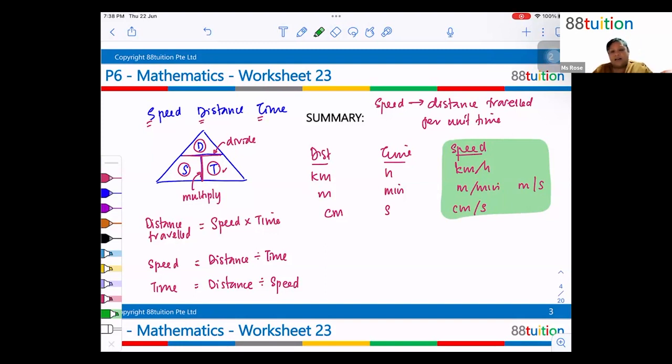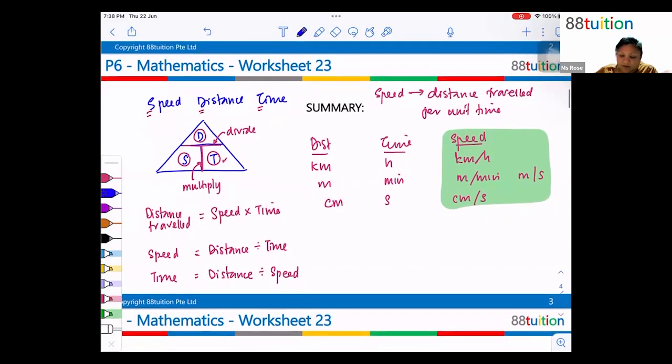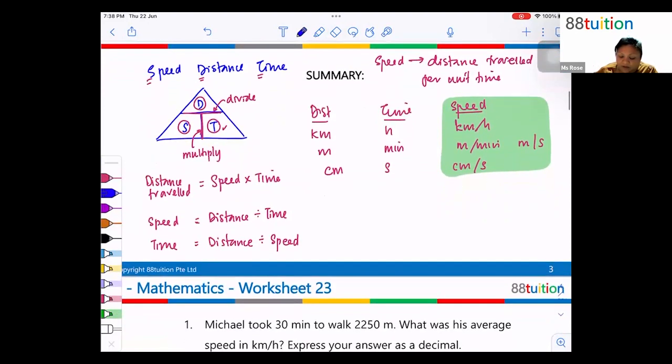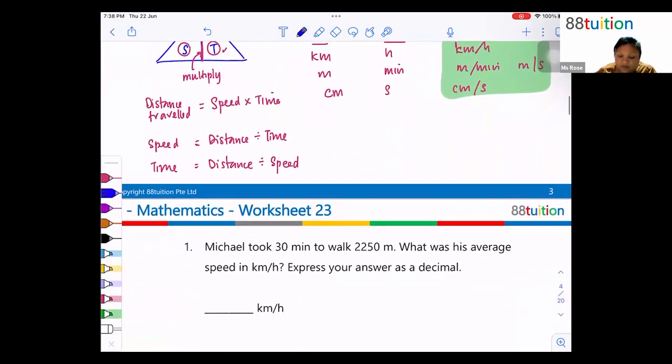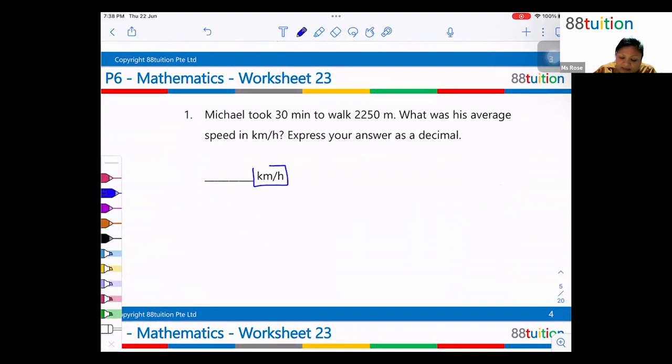These are what you will usually find in the topic of speed. So let's go into the first question. You see that the answer that you want is in kilometers per hour.